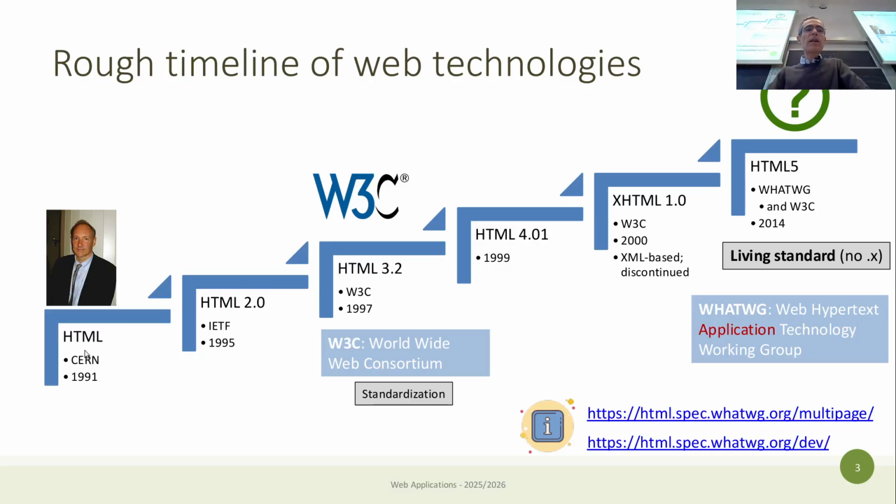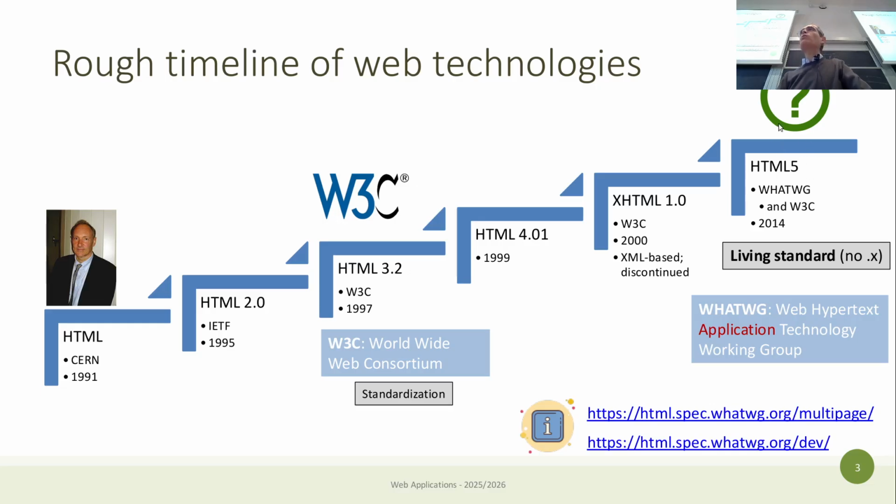And then this specification evolved: 2.0, 4, which is very important, more or less 2000, and HTML5, from 2015 more or less. This is a living standard, in the sense that they are not doing 5.1, 5.2, 5.3, they're just updating the specification. But most of the technologies are there already in the basic HTML5.